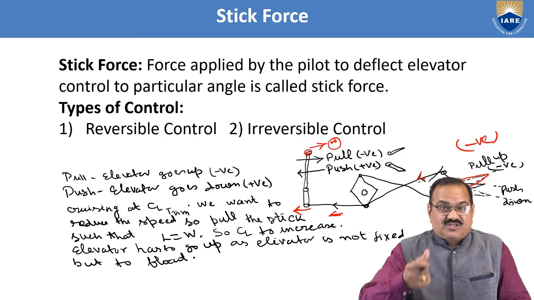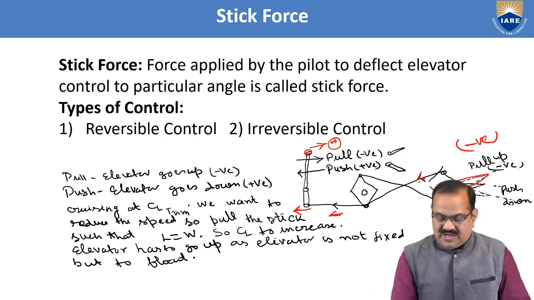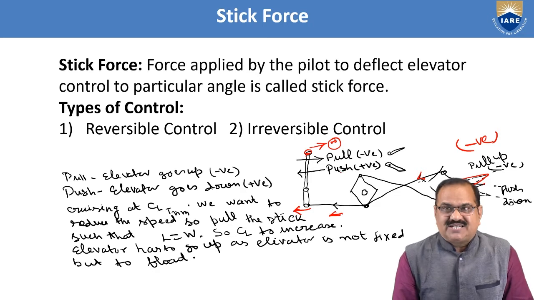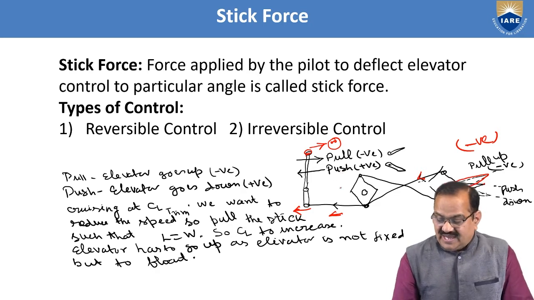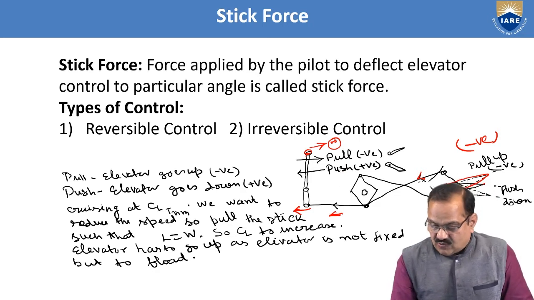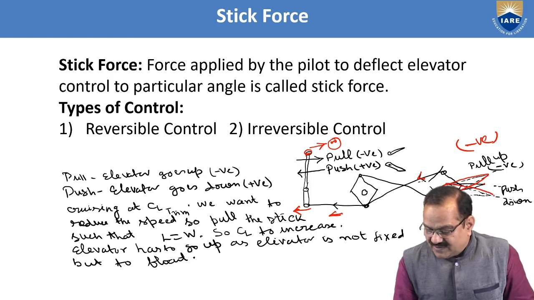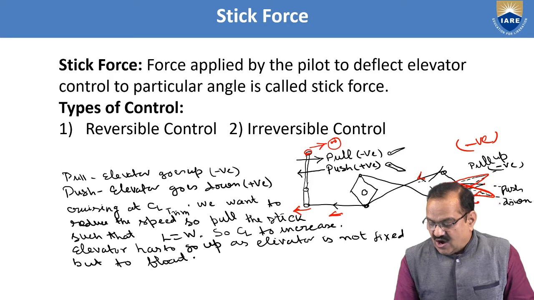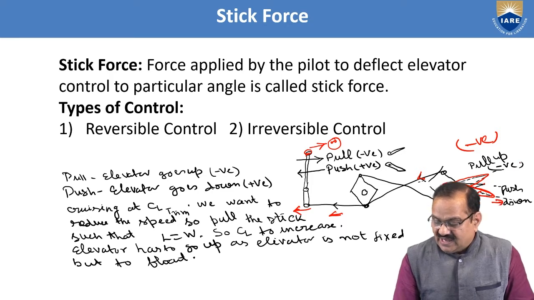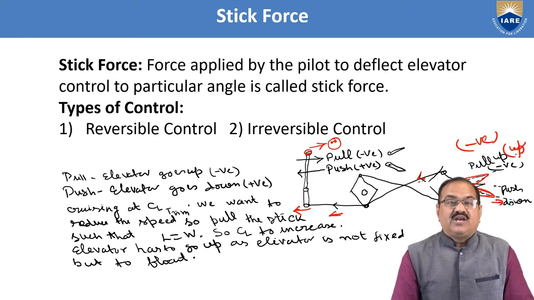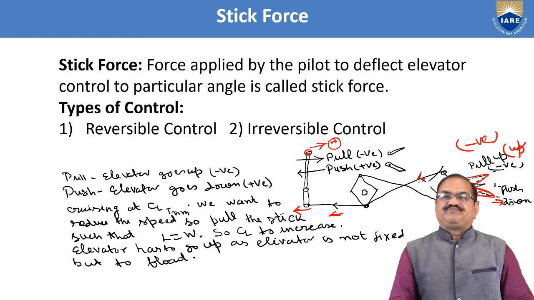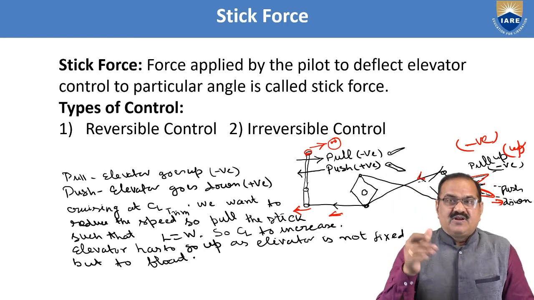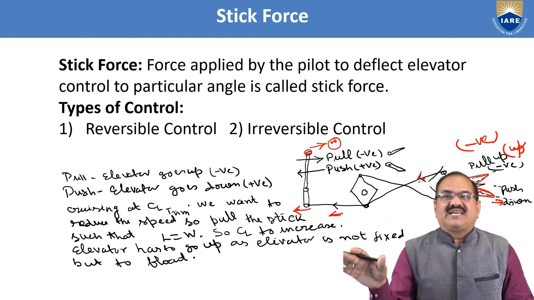And once you push away from you, that is a push. It is called the positive. Once you push it, the elevator will go down. The elevator position will be like this. So this is the down condition and this is the up condition. You can see that pulling means the elevator goes up, and pushing means the elevator goes down.